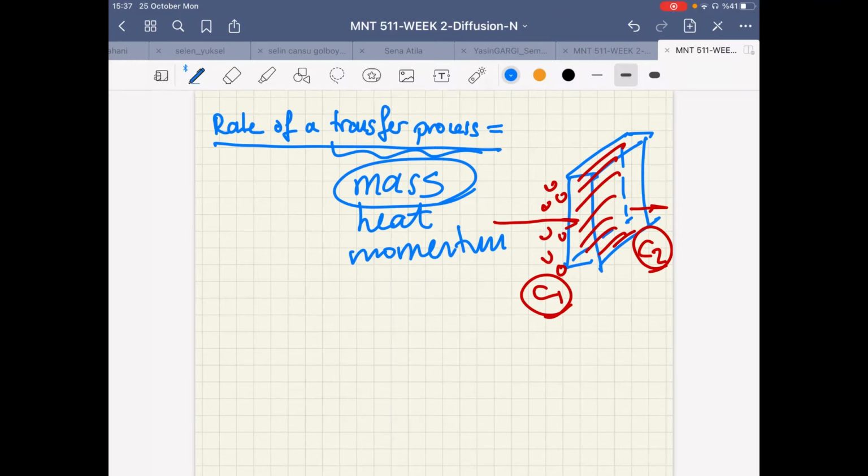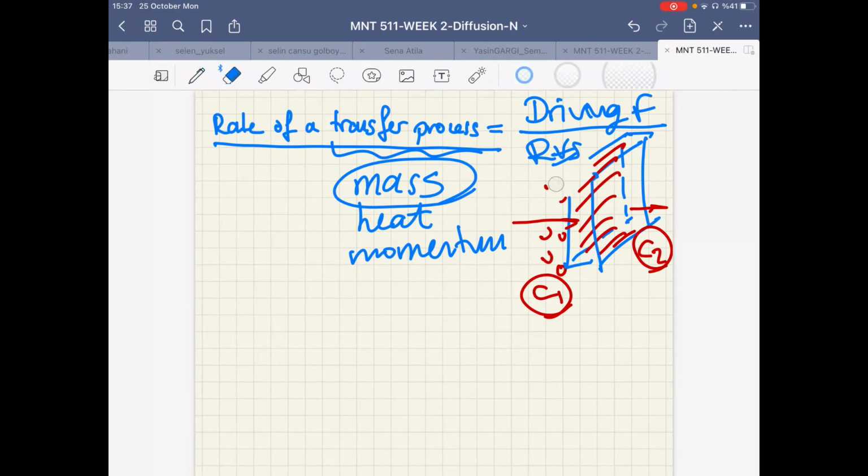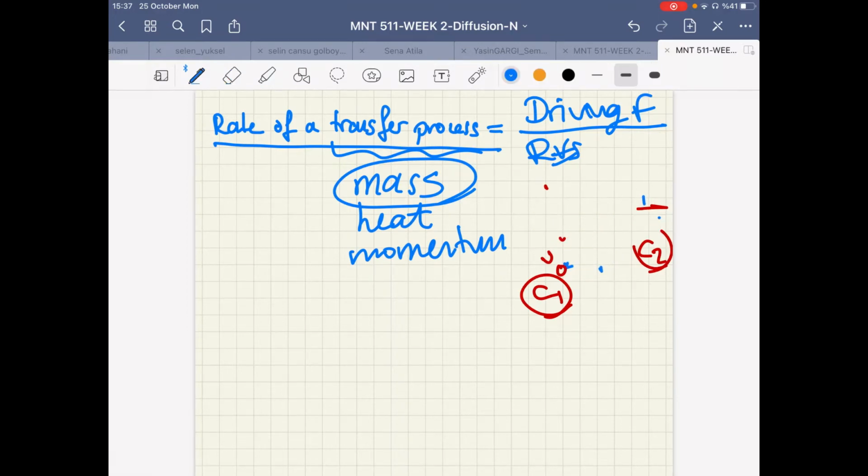We need a driving force over some resistance. So our resistance is the thickness, delta Z, the thickness of our slab, our wall, and the driving force can change as a function of what we're transferring, mass or heat or momentum.